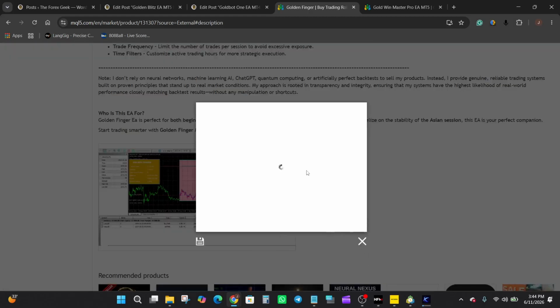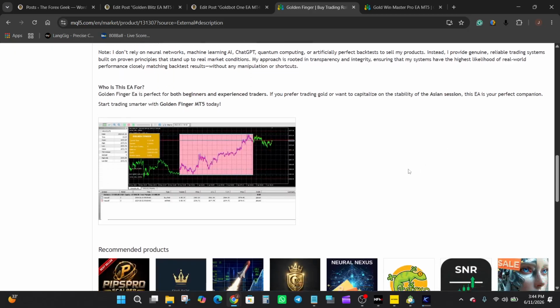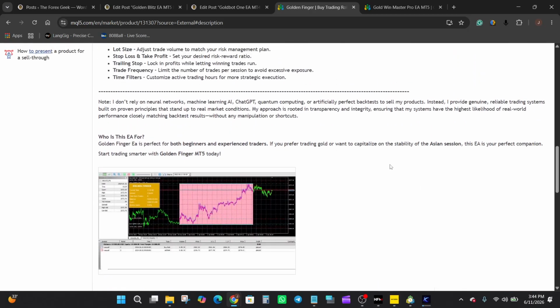So let's just briefly look at this image provided here. Okay, this seems to be showing the EA in action. The developer didn't exactly provide backtested results here, but we are just going to head over to our strategy tester to get that.